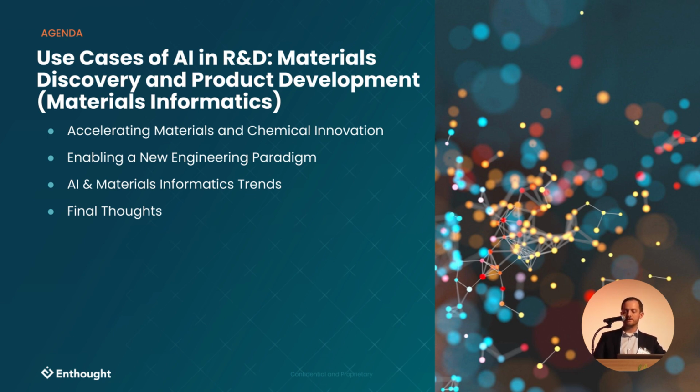Then I'll dive into some of the AI and materials informatics technology trends that are driving this paradigm shift. Finally, I'll summarize and then hand over the podium to my long-term collaboration partner, Mizuno-san of Idemitsu Kosan, to talk about some of the ways that they are leveraging AI to help transform their business.